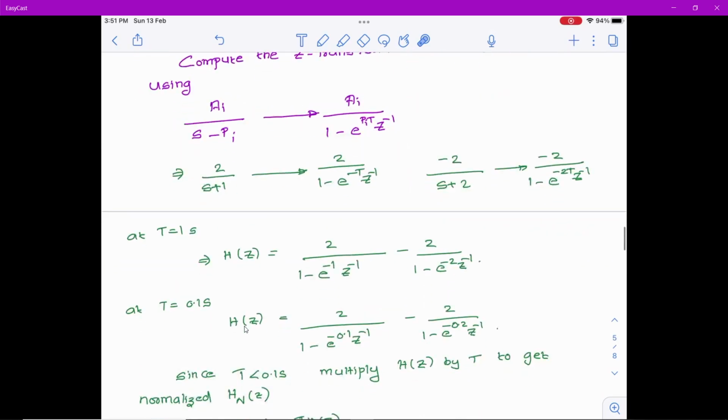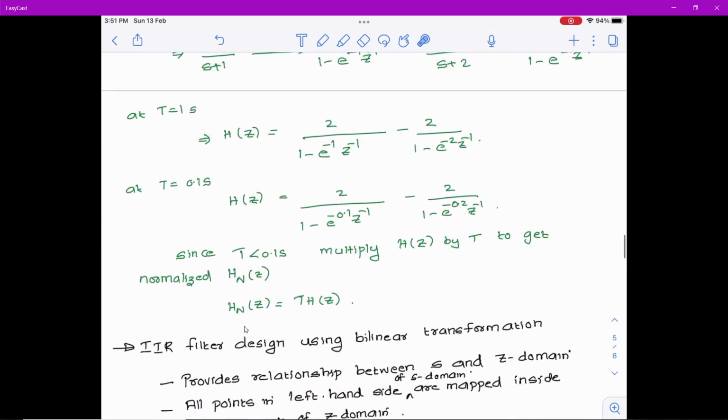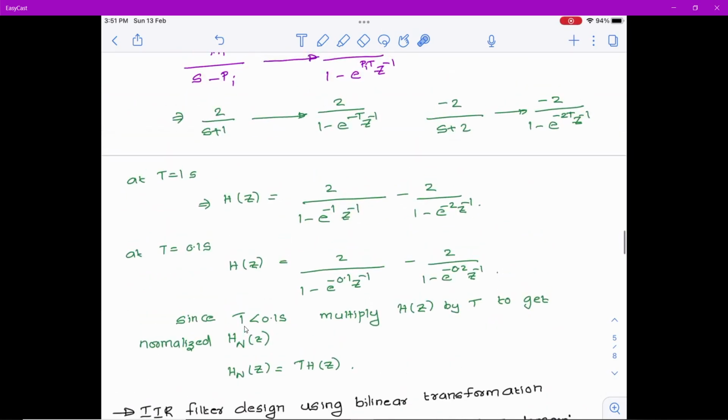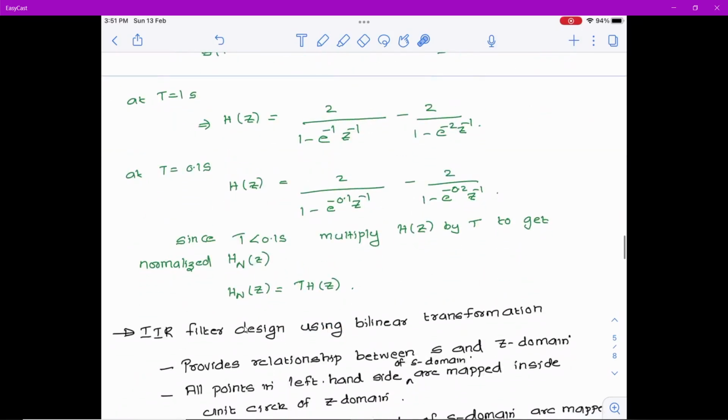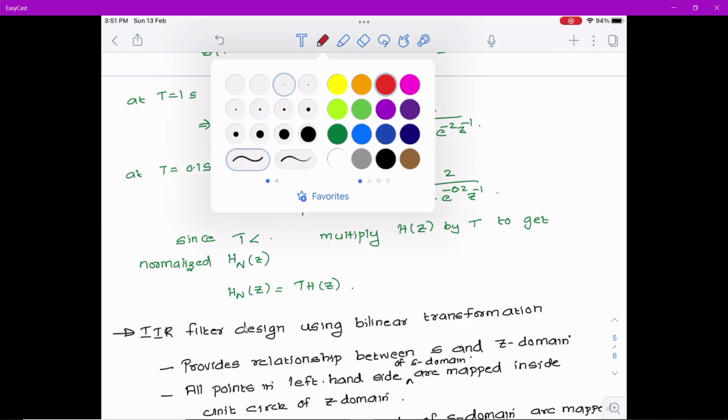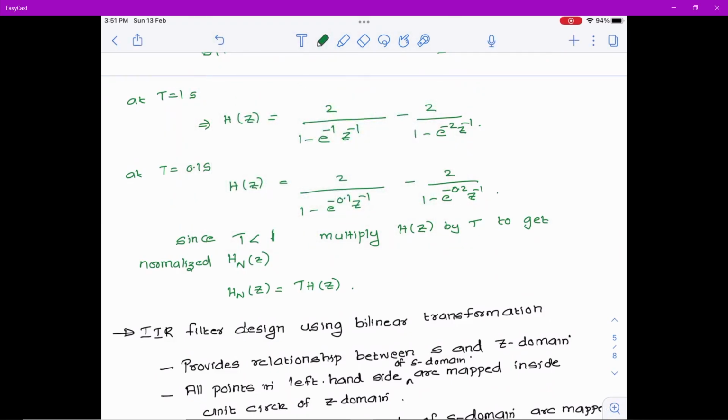Now, the value of t is already given. For t equal to 1, you substitute t equal to 1 here and you get the expression. For t equal to 0.1 seconds, you substitute t equal to 0.1 and you get the expression. But for t equal to 0.1, the value of t is less than 1, which means you need to multiply or normalize the transfer function.